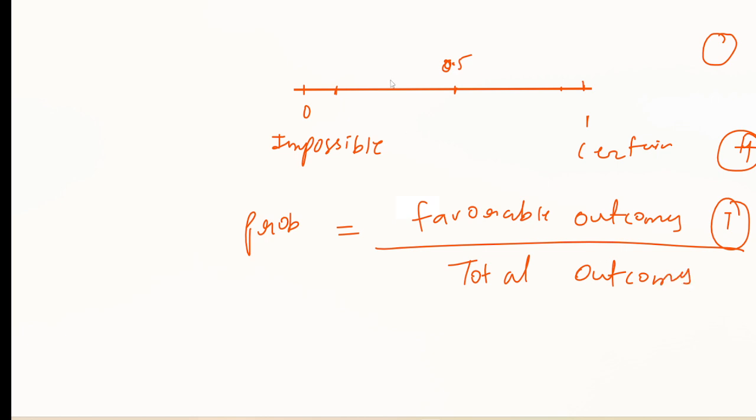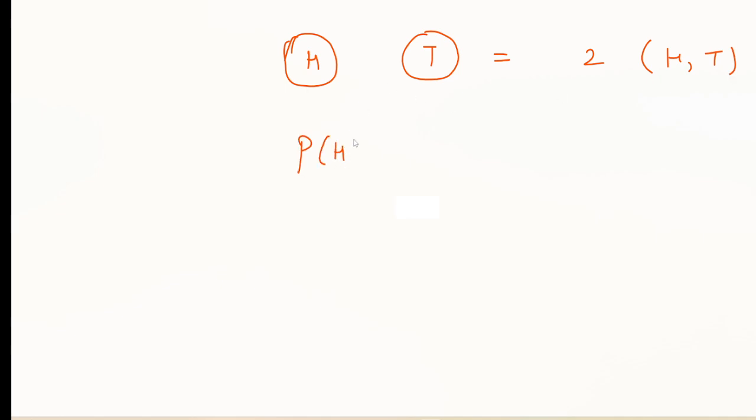For example, if I flip a coin, either I'll get head or tail. So what are the total outcomes? There are two total outcomes, head or tail. If I want to find the probability of getting a head, the favorable outcome is head.